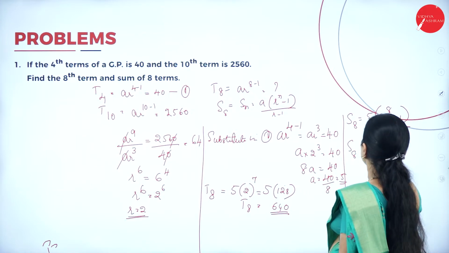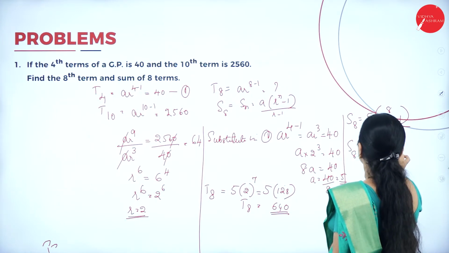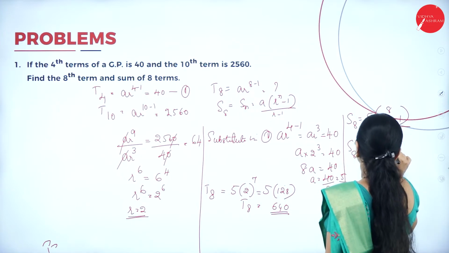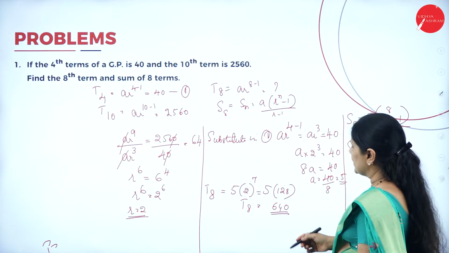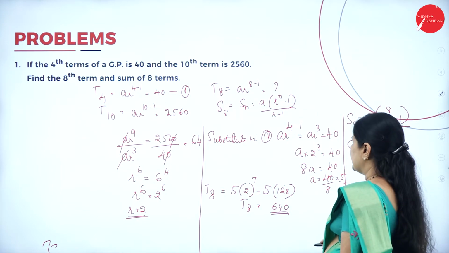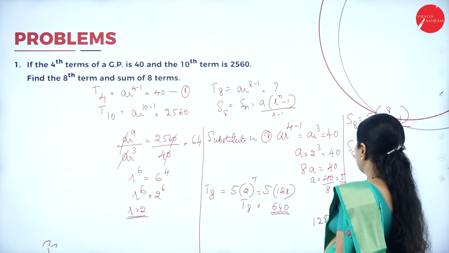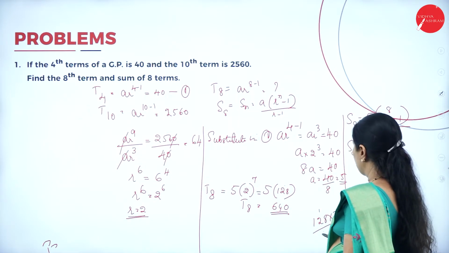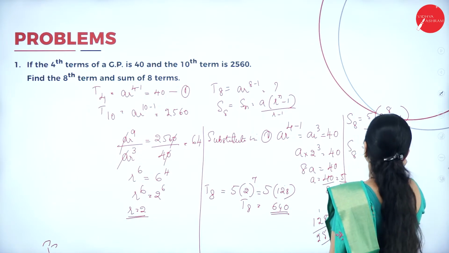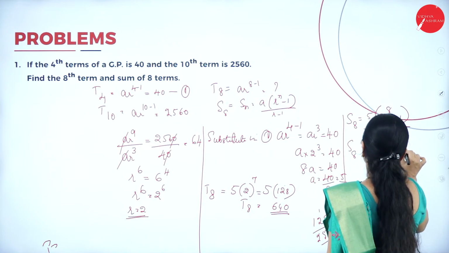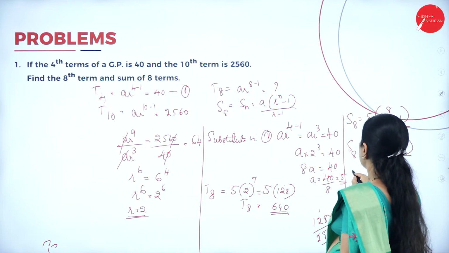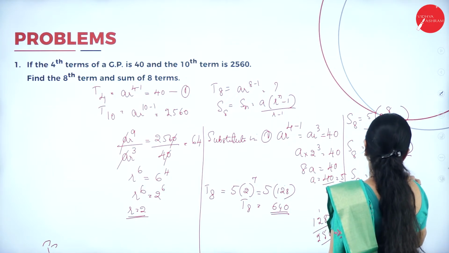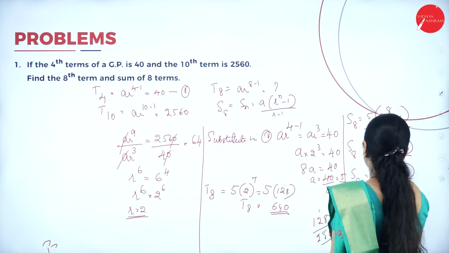So S8 will be 5 into 2 to the power of 8 minus 1. 2 to the power of 8 will be 128 into 2, which is 256. So 256 minus 1 whole over 1. So S8 will be equal to 5 into 255 divided by 1.